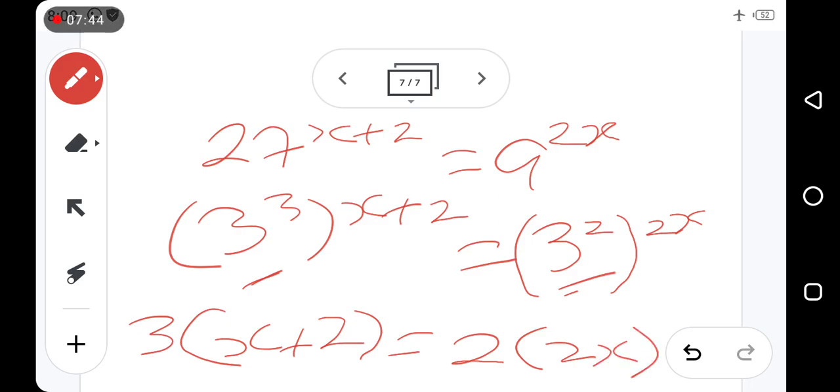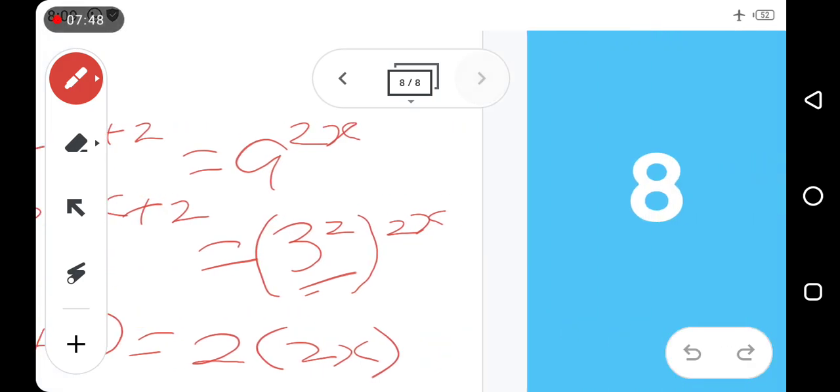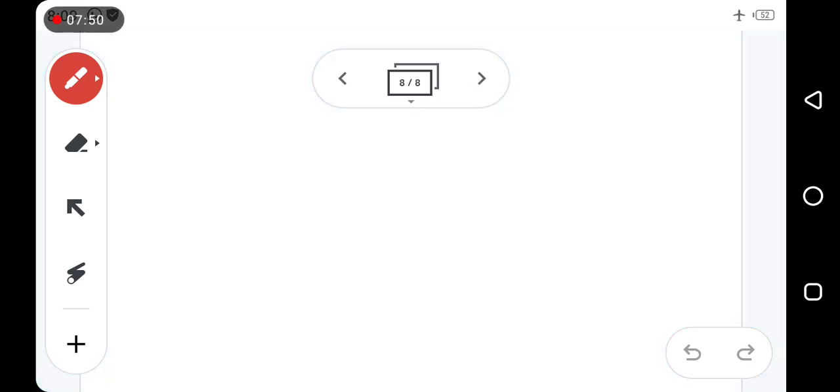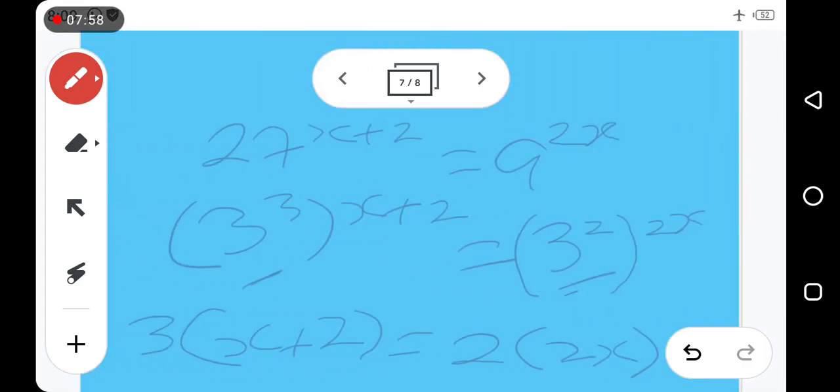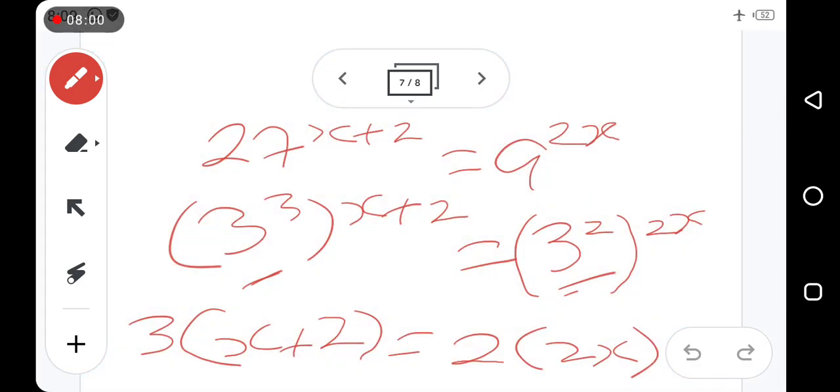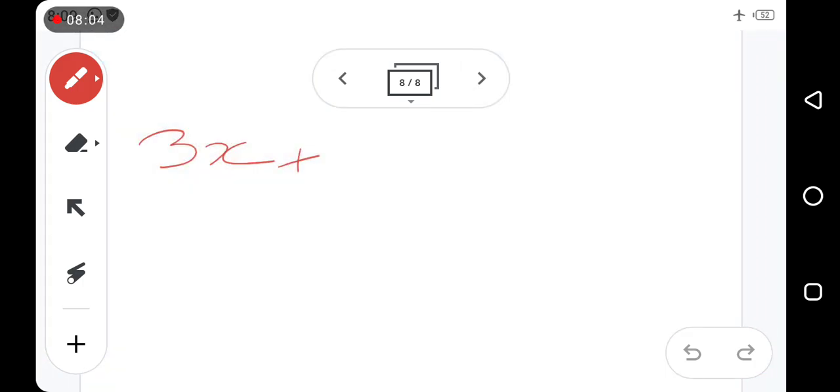So when you open the bracket now, you have 3x. So 3 times x is 3x, 3 times 2 gives me 6, which is equal to 2 times 2x, which will give me 4x.